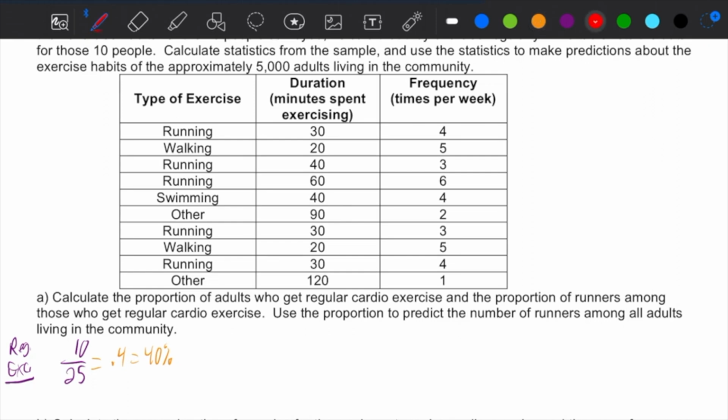Out of the 10 on the table, we have 1, 2, 3, 4, 5 of them who prefer running. That would be 1/2, aka 0.5, or 50% prefer to run of those that exercise regularly.